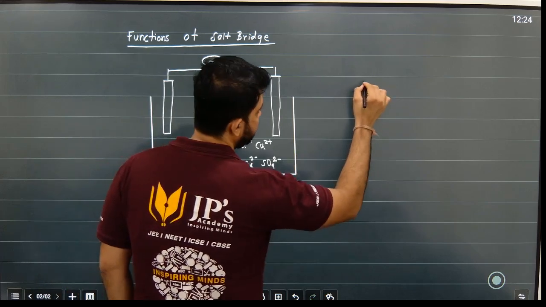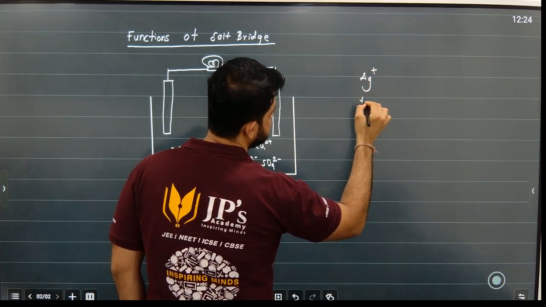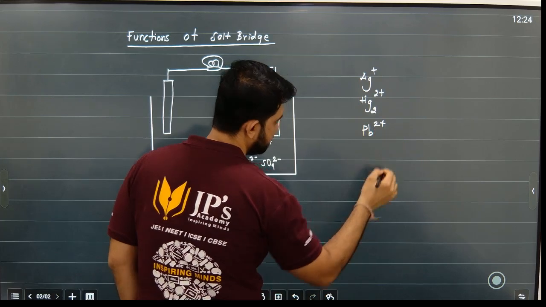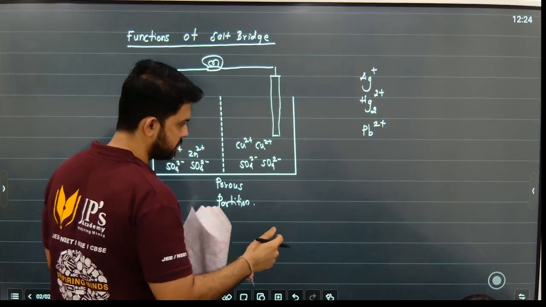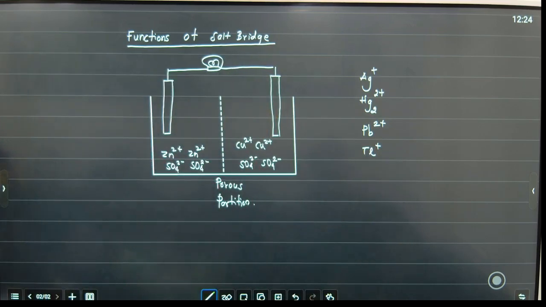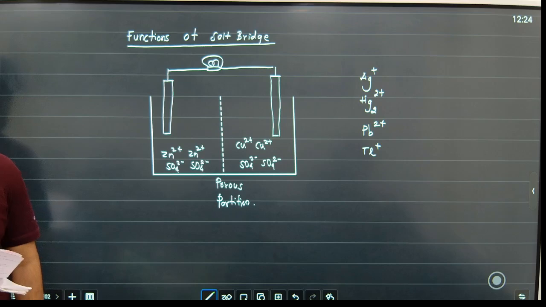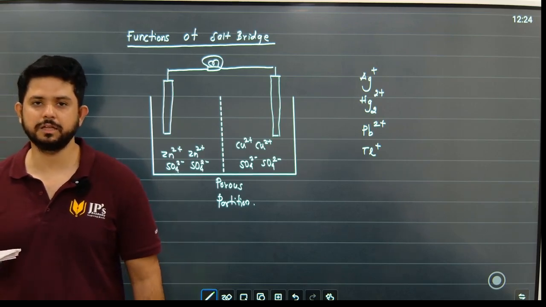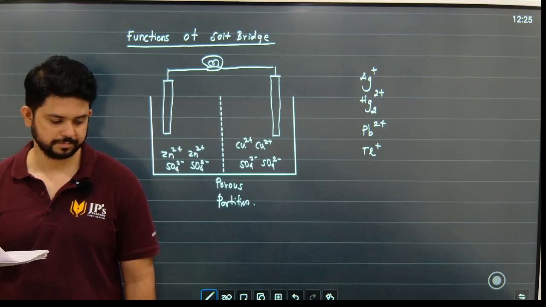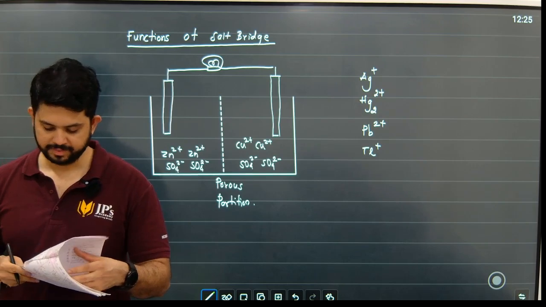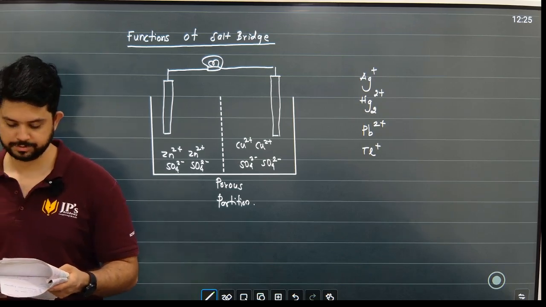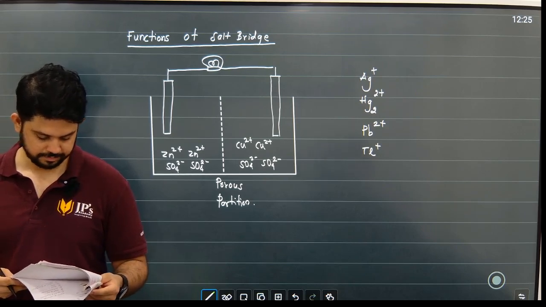If Ag+, Hg2 2+, Pb2+ and Tl+ ions are present in the solution, then KCl is not used in the salt bridge.